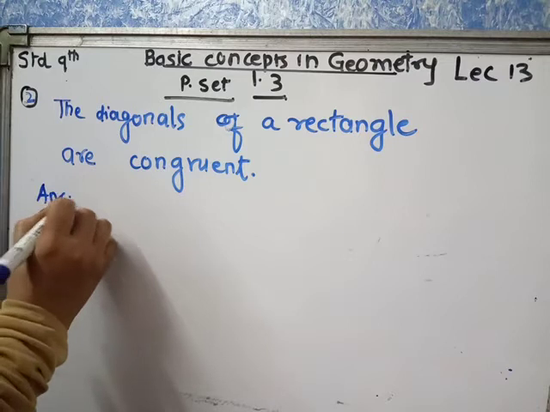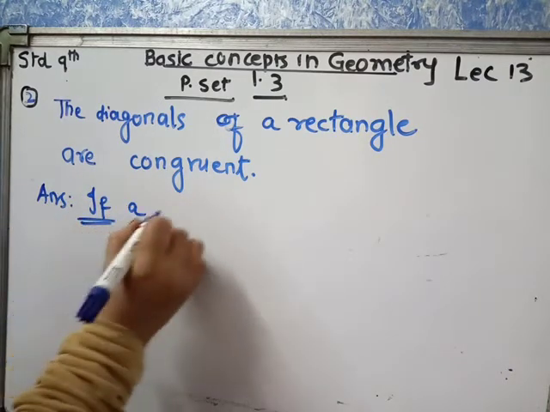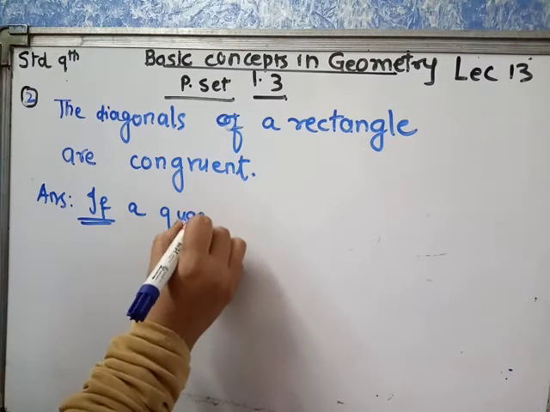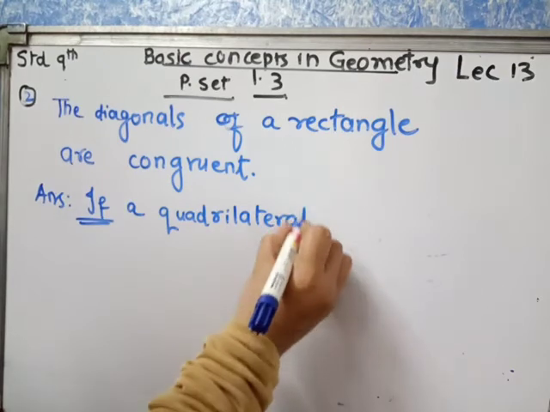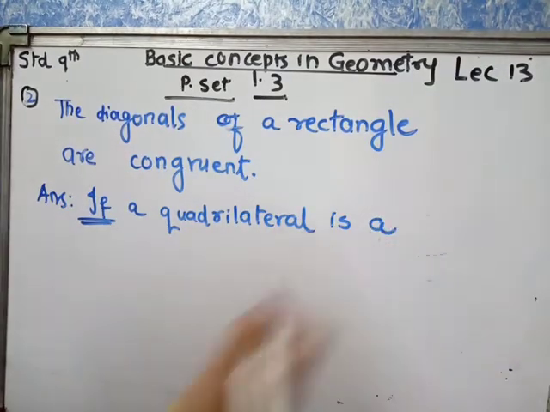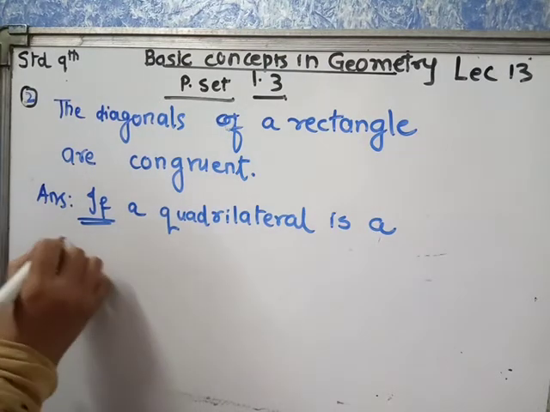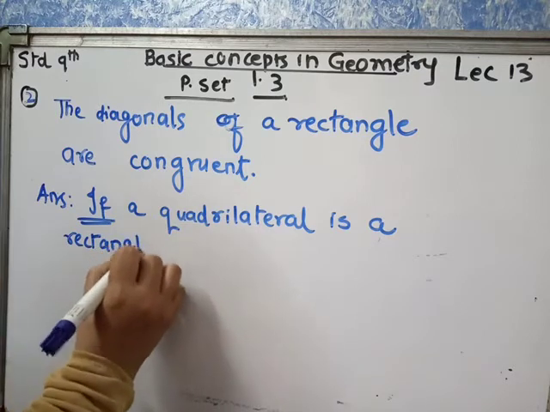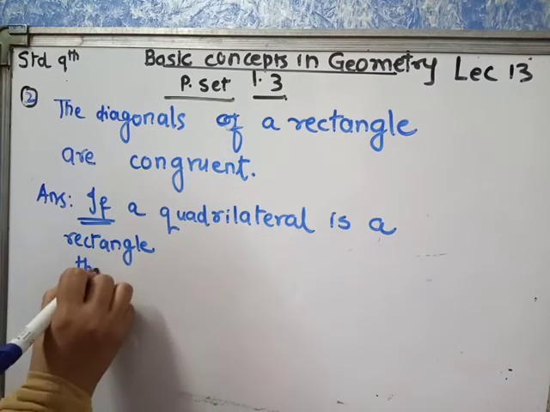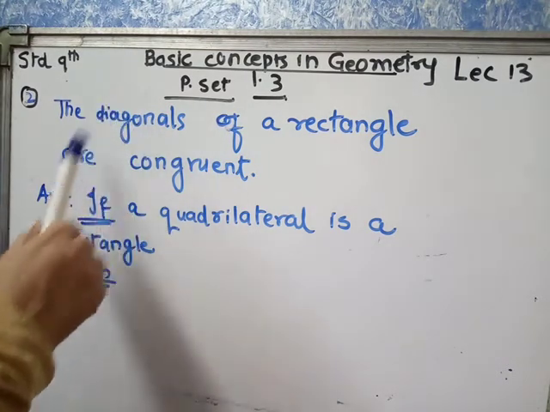Now our answer is, if a quadrilateral is a rectangle, then its diagonals are congruent.